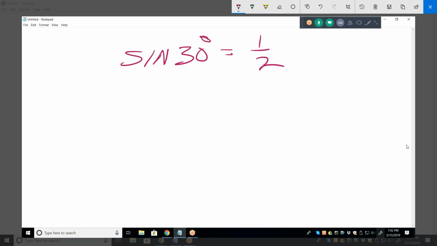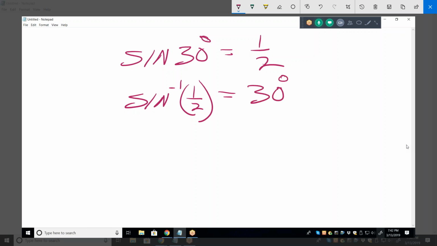If this is true, then this is true: the inverse sine of the ratio is equal to the angle. So if you're solving for angles, you're going to use inverse trig functions. If you're solving for numbers, you're usually going to use trig functions.